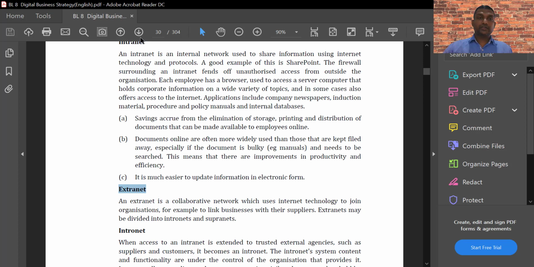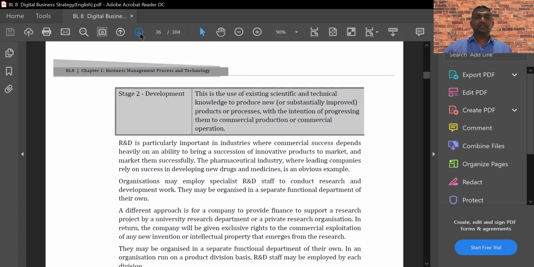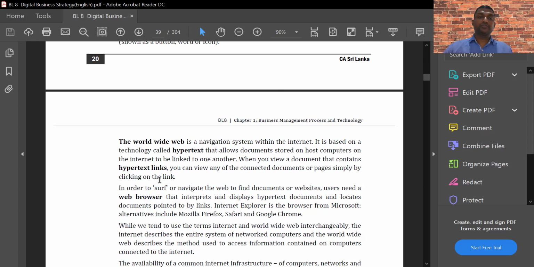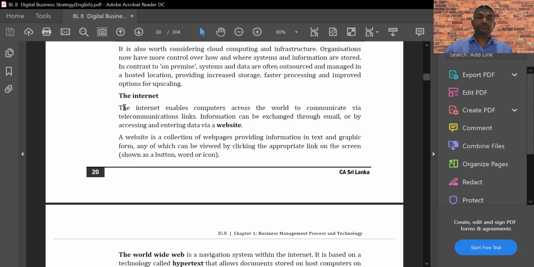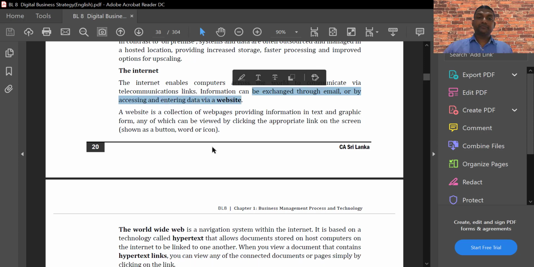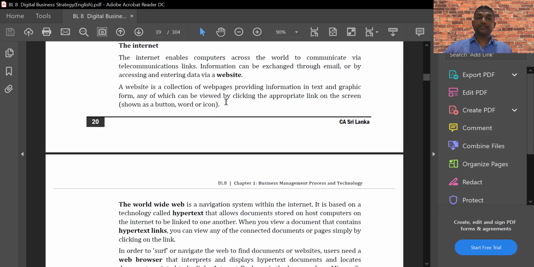If you really look at how this is explained, I think everyone gets the answer really quick, because this is something that we use every time. So in this section, still in chapter 1, when they explain the internet, they're explaining what a website is, and they're saying a website is a collection of web pages providing information.